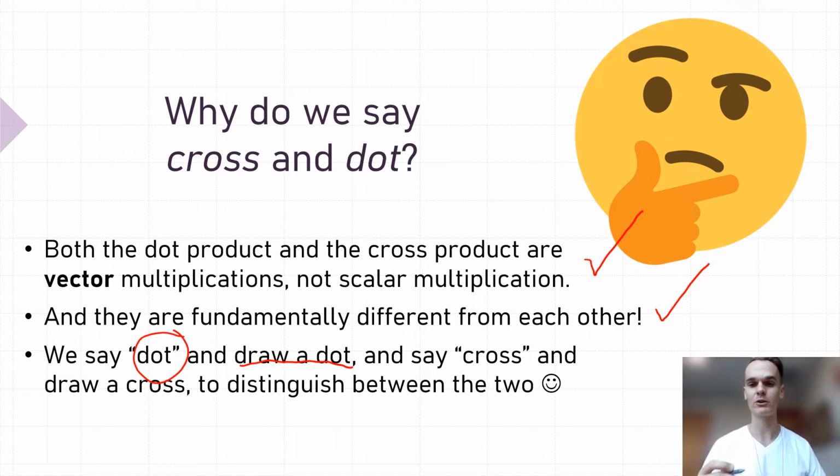Whenever we're taking the cross product, we should always say cross, so I'm crossing vector A with vector B, and we should always draw a cross in our work to distinguish between these two vector operations. So the dot product and the cross product are different, so we use different symbols and different language to describe them.